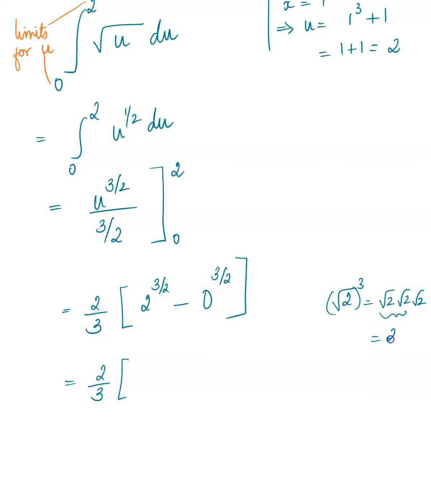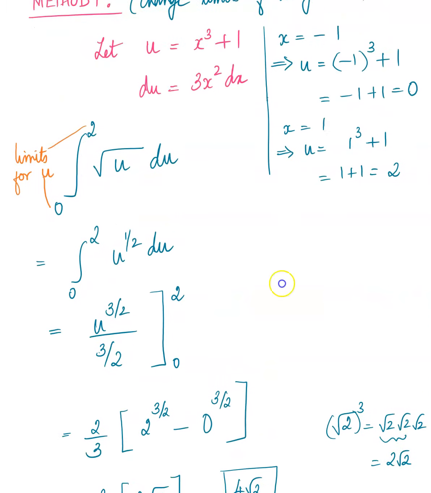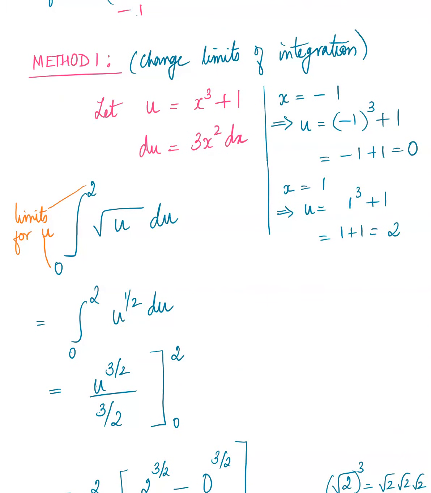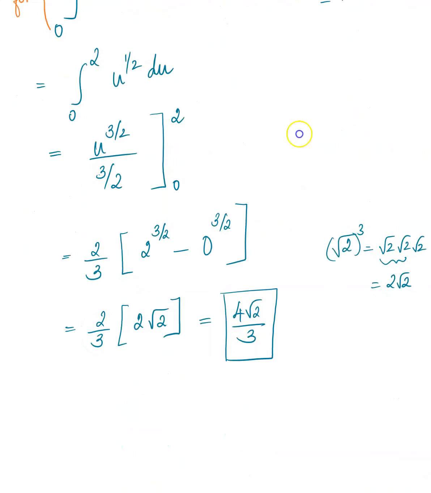Two of these become 2, so it's 2 root 2. And with the 2 over 3 outside, this becomes 4 root 2 over 3. That will be the answer from method 1, where you switched your limits for the u. You moved from x all the way to u and completely used u throughout the rest of the problem.